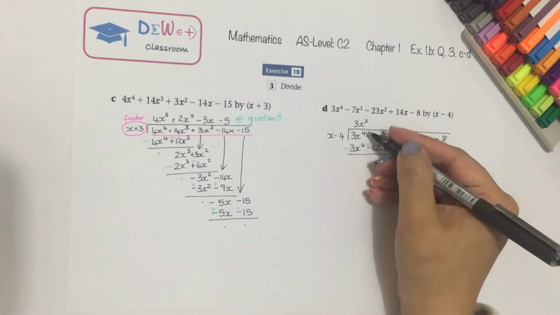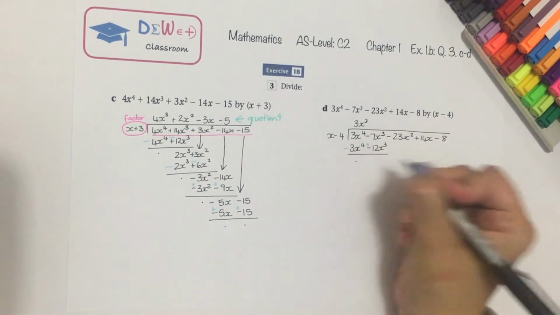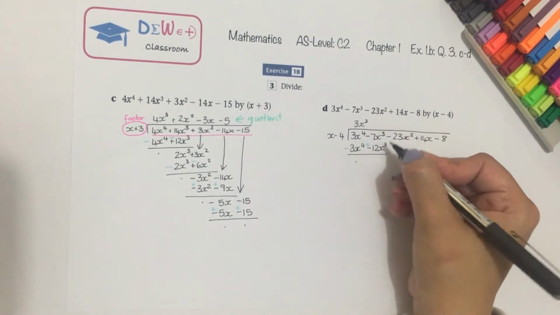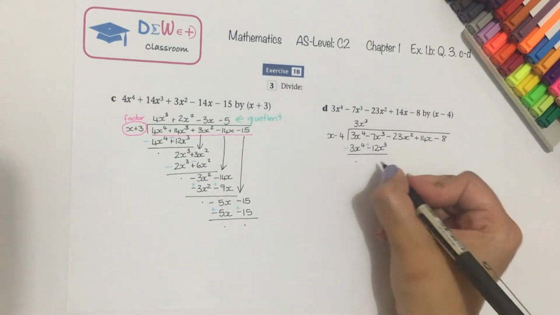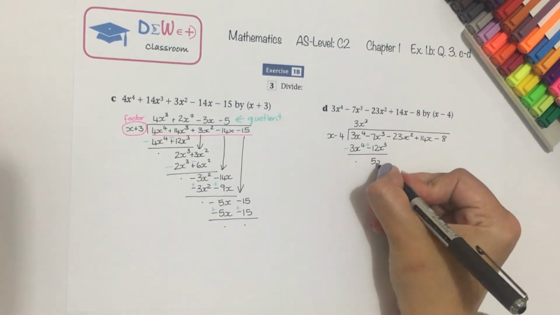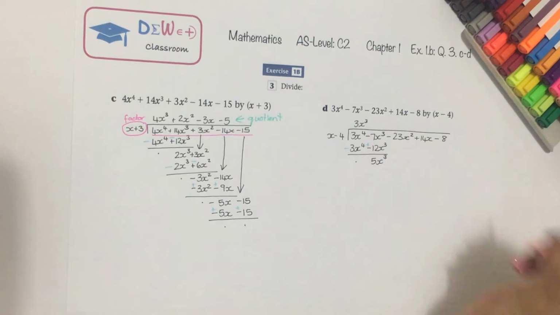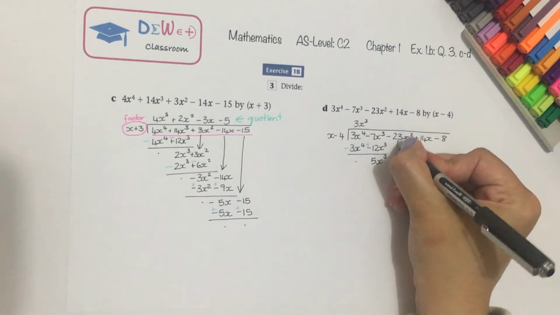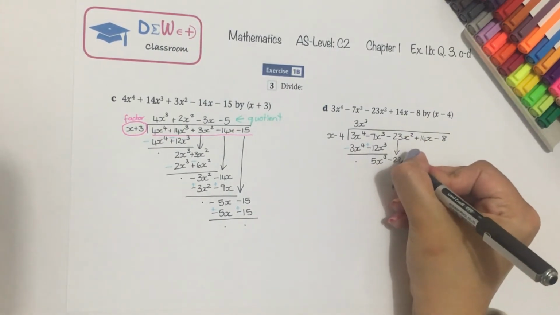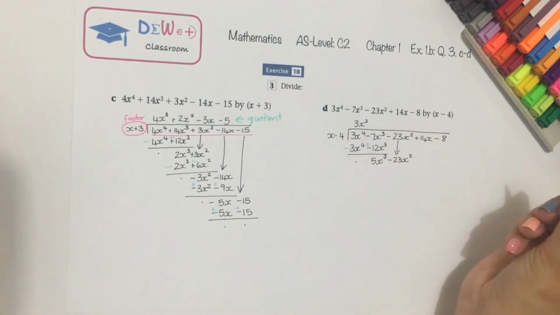So 3x to the power of 4 minus 3x to the power of 4 is 0. Minus 7x cubed plus 12x cubed will give us 5x cubed. Then we bring down our minus 23x squared.